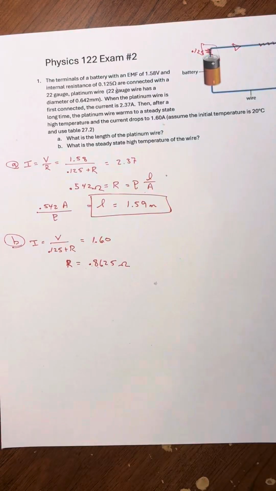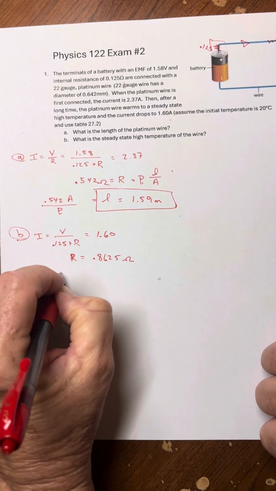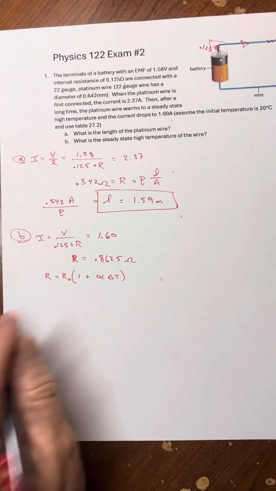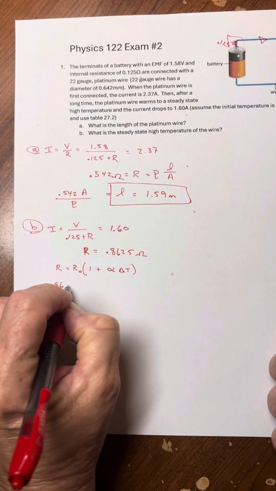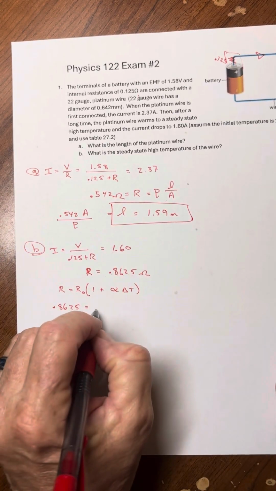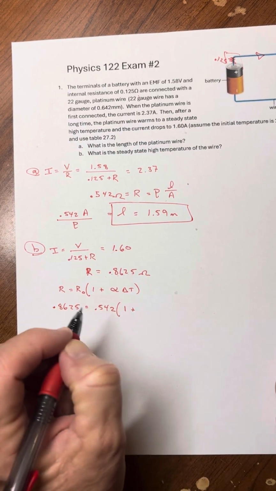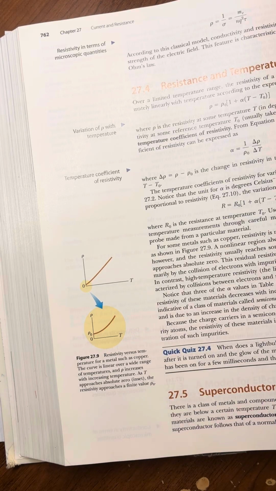And so I could then say, all right, the resistance, now that it's warmed up, is the original plus this alpha delta T. All right, so the warm temperature is the 0.8625, and the original resistance is this 0.542, 1 plus alpha. And here's where we've got to come back here to the textbook. Oh, pick up my mess I just made. Okay.